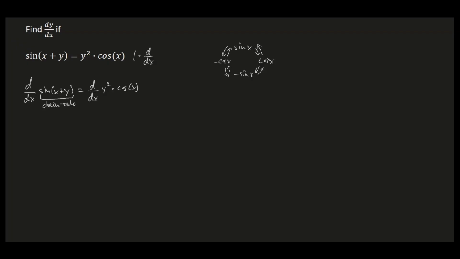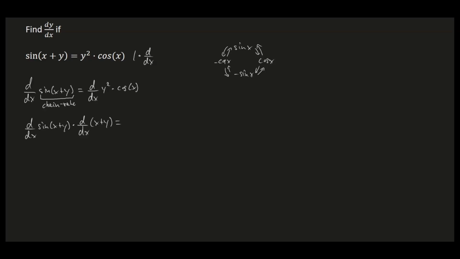So in the next step, I want to write it like this. Sine of x plus y, times d over dx of x plus y.